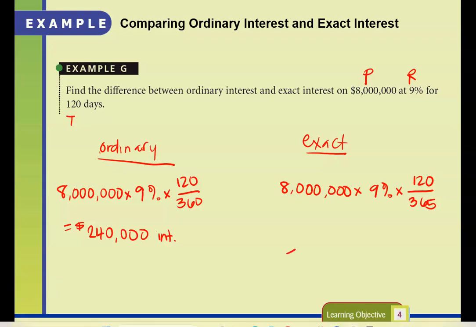This is going to be $236,712, and rounded to the nearest cent, 33 cents. So again, we can see that ordinary interest is still slightly more than if we had used exact interest.